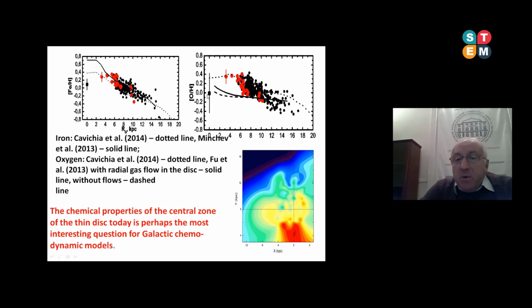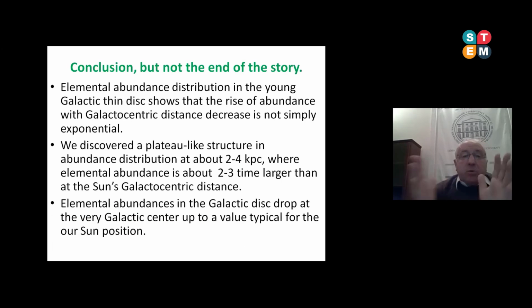This is for iron, this is for oxygen. None of the existing theories. So the chemical properties of the central zone of the disk seen today are perhaps the most interesting and intriguing question for galactic chemodynamical models. Conclusion, but probably not the end of the story.